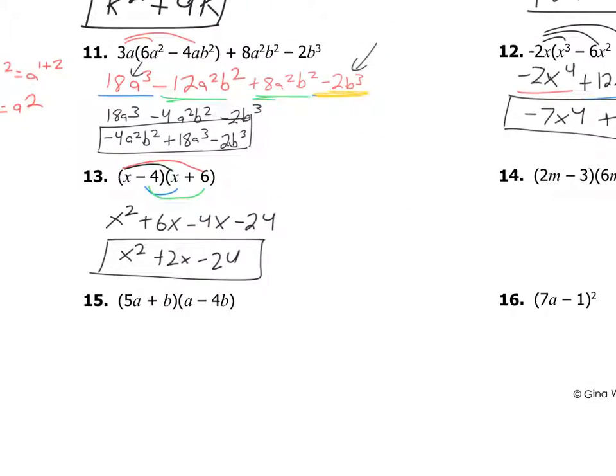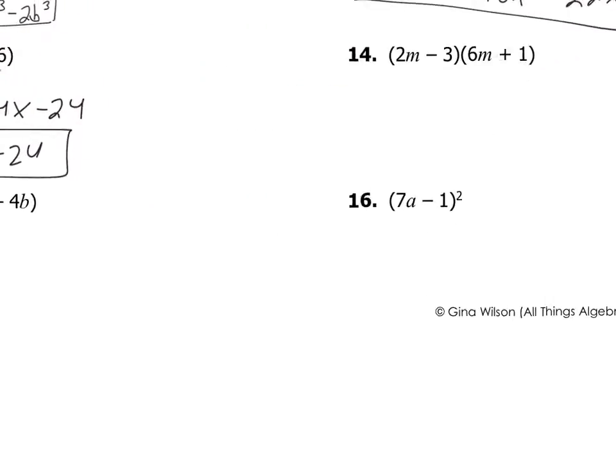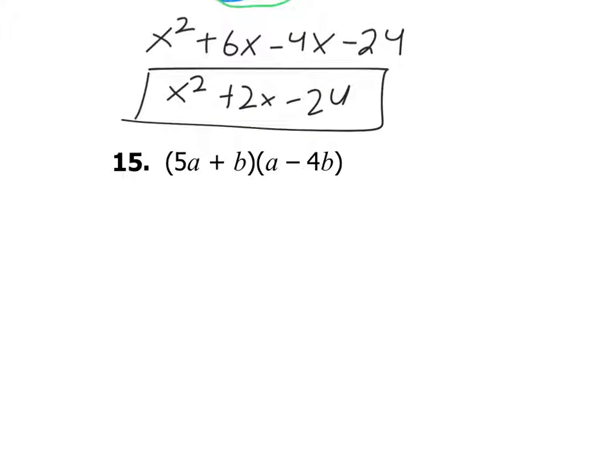I think I'm going to skip 14 just for time reasons. And let's do 15. Let's do it fast. First, outer, inner, last. So the first terms would be 5a times a, which would be 5a squared. Oh, I messed up. This is supposed to go over here.